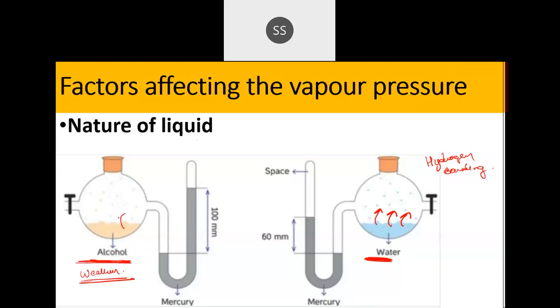So here more gas will be formed. In this empty space, you will see more molecules are there. And when more molecules are present, the vapor pressure of this particular solvent is higher. So in the case of alcohol, due to the weaker forces, the vapor pressure will be higher compared to water.